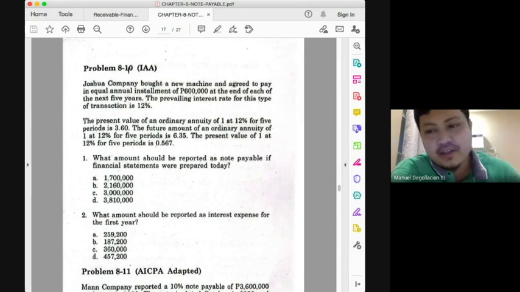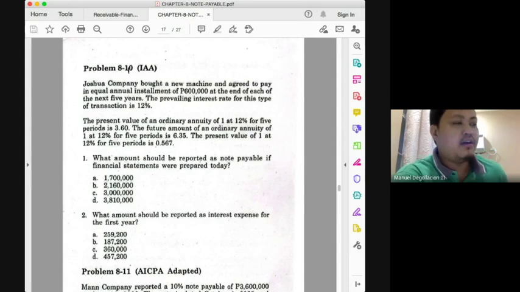The computation of interest expense can become tricky for most students, especially if the promissory note is issued somewhere in the middle of the year, not at the beginning, not at the end, because if that is the scenario, then we will have to use fractions to determine the amount of interest expense.